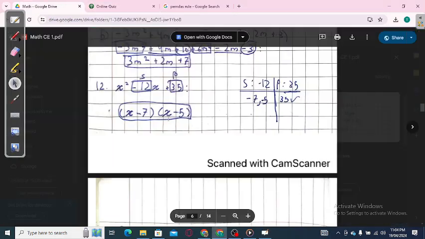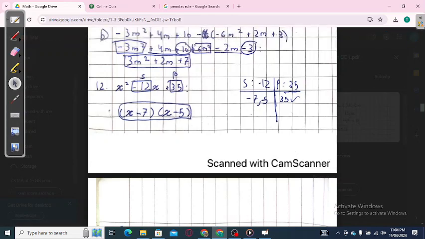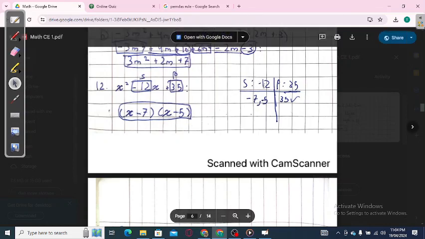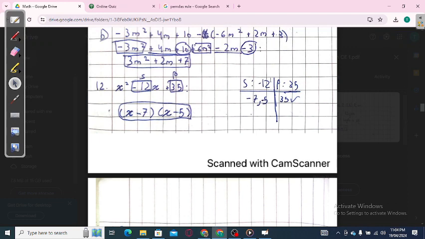Now if I go over to my copybook solutions here, the sum is going to be -12 and the product is going to be 35. Now what two numbers when added result in a negative integer, and when multiplied result in a positive integer? Obviously two negative numbers. So you're just going to have to find negative values that make up 12 and 35.